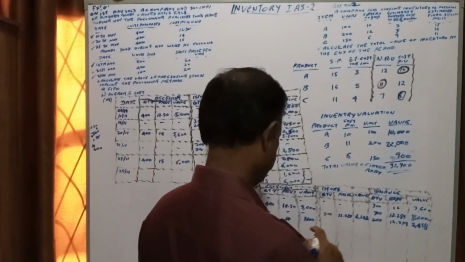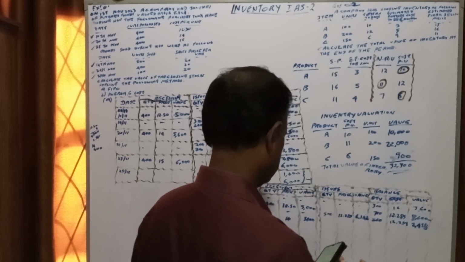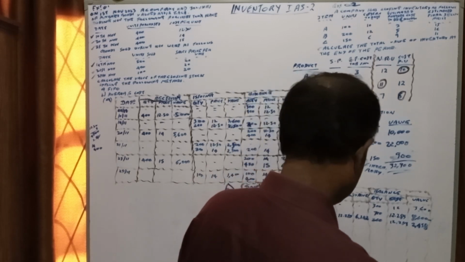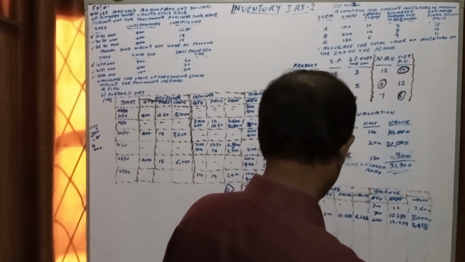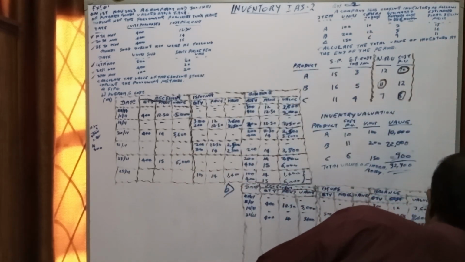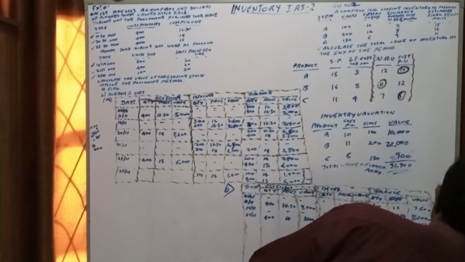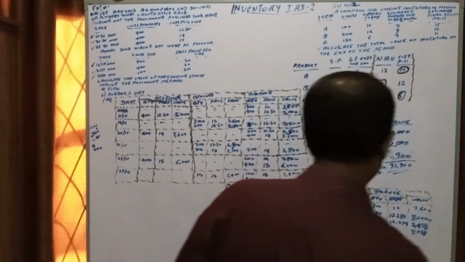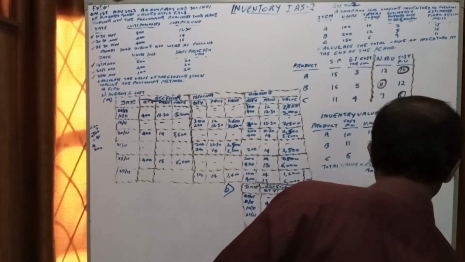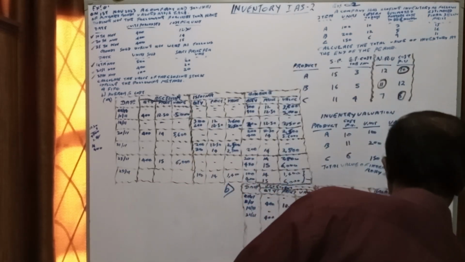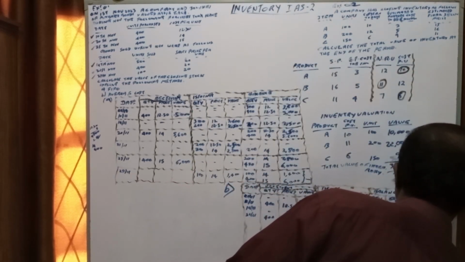Then 2,458 plus 5,600 equals 8,058. How many units? 200 plus 400, 600 units. Divide 8,058 by 600, then 13.43.